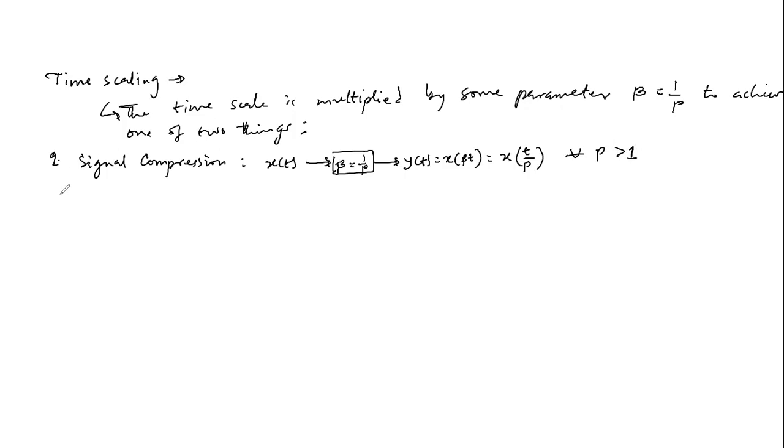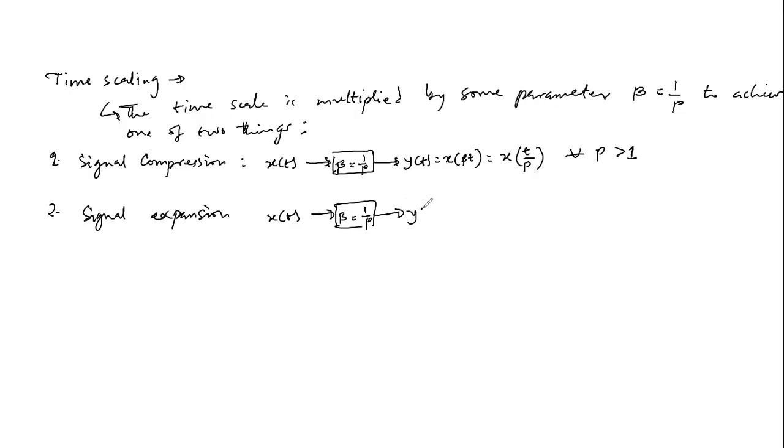Okay? And the second thing we could achieve with time scaling is signal expansion. In this case, x of t is fed into the system with the scaling parameter beta being the same as 1 over p.